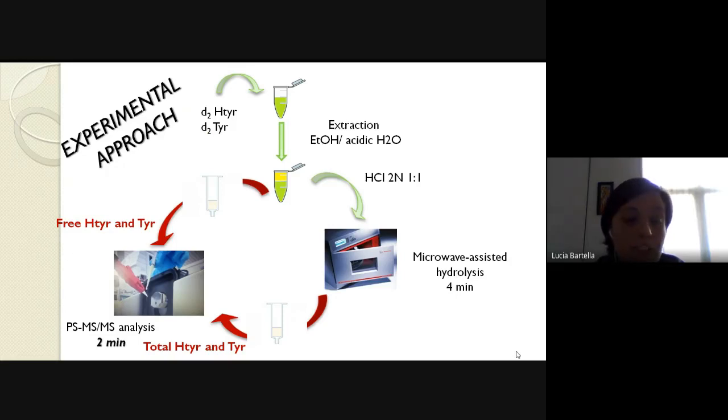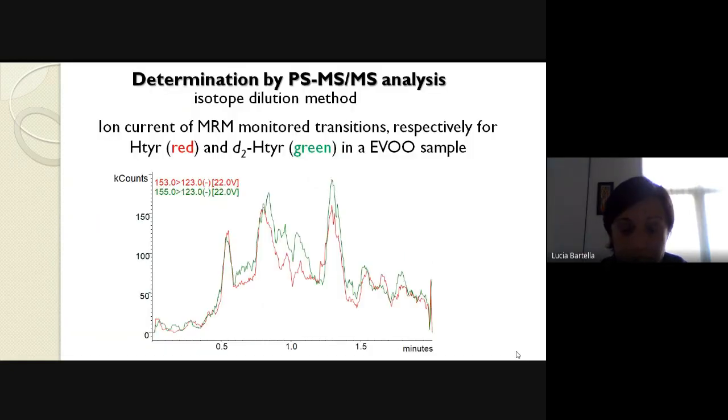After fast purification steps, the reaction products are directly analyzed by PSMS analysis for 2 minutes of acquisition time.